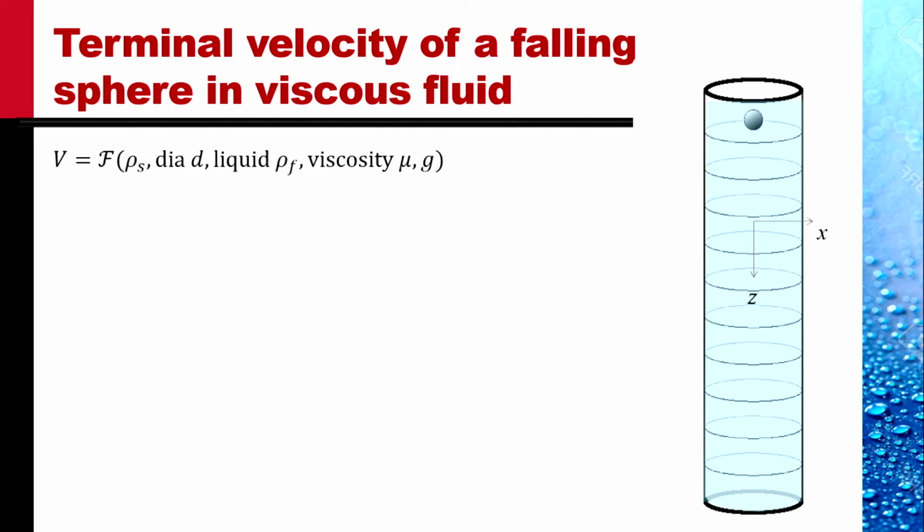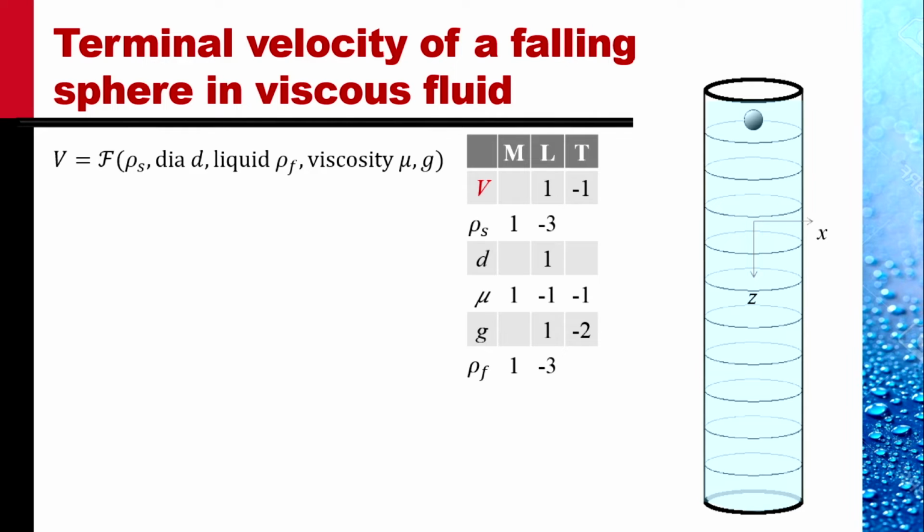Clearly, this terminal velocity v will depend upon the density of the sphere rho sub s, the diameter d of the sphere, the density of the liquid rho f, and the viscosity mu, and of course the acceleration due to gravity g, because gravity is what is causing the ball to fall.